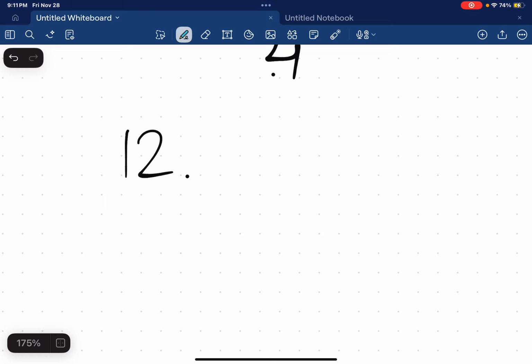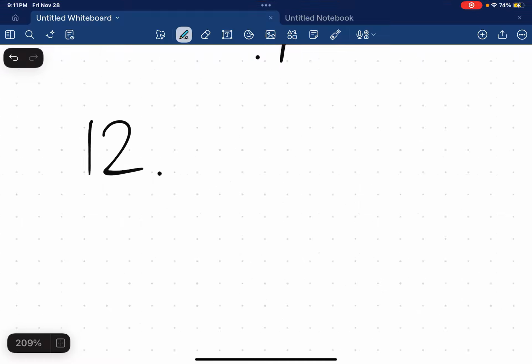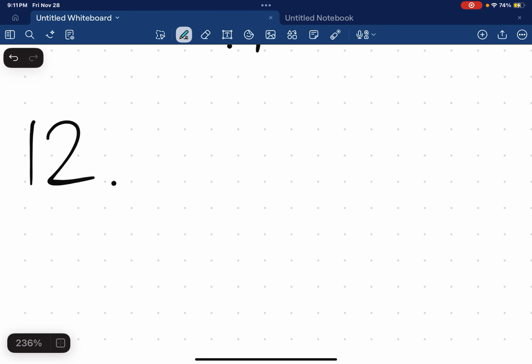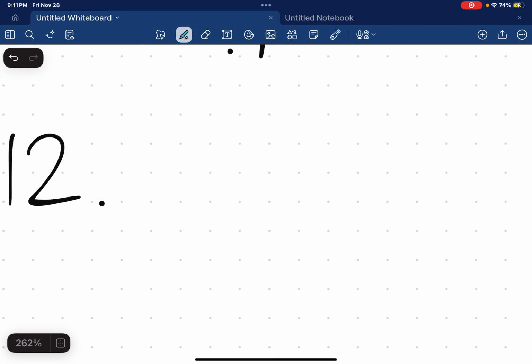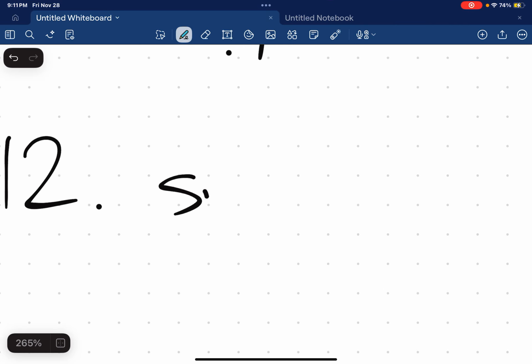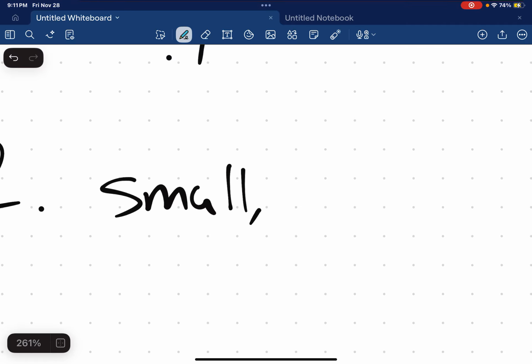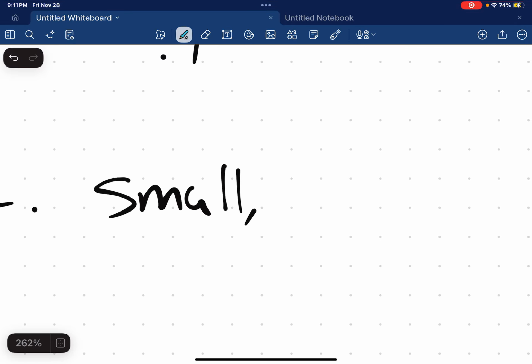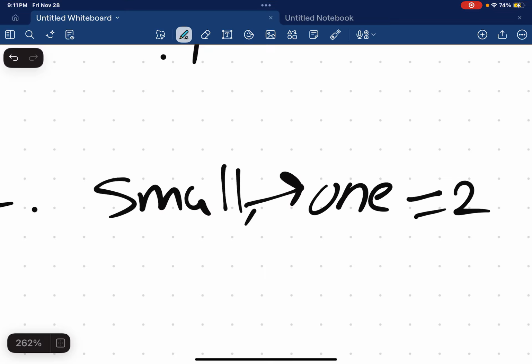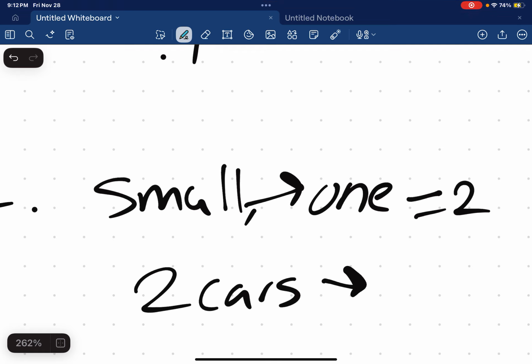Okay, this one's a bit more complicated, but we first need to find out how many ways there are to choose drivers in the group. They only have a small car that can take one person, so that's 2 in general, and then they have 2 cars, they're a bit bigger, that can take 5 people including the driver.